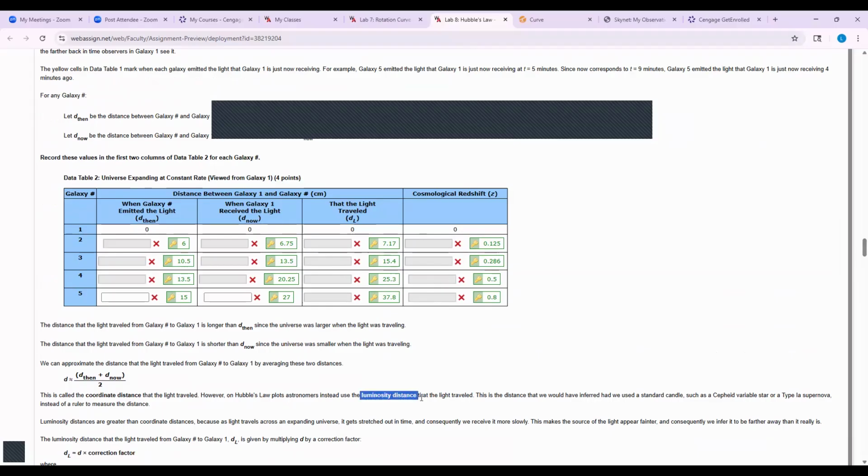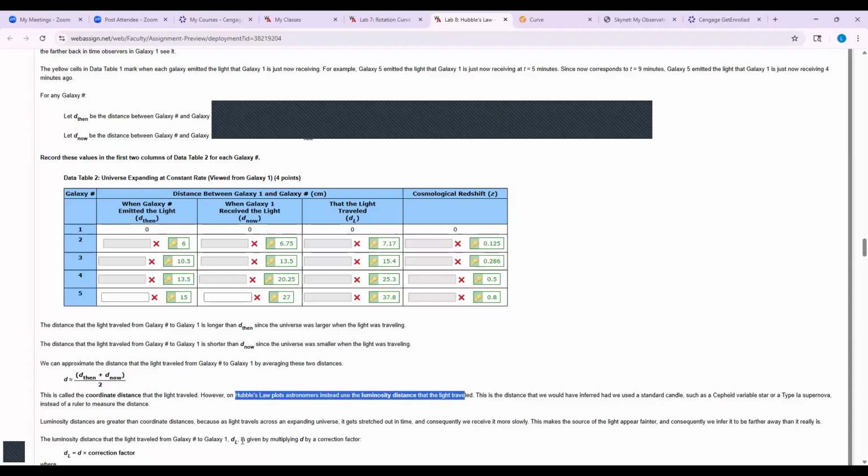And this luminosity distance is the one that we're going to learn in OPIS. You learn one of them in this lab 7 and lab 8, and we're going to learn other ones in lab 2 to lab 5 in OPIS 1 and 2. This luminosity distance means that whatever distance we measure is related to the luminosity of the object that we see. And that is what helps the Hubble law describe how the light has traveled.